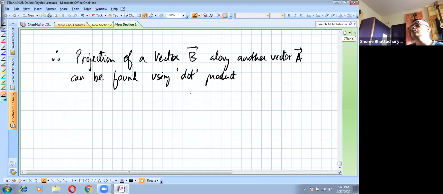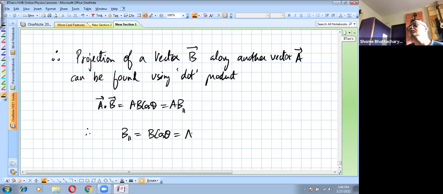So this becomes an application of dot product. You can see that A dot B is equal to AB cos theta, or what we define as A into B's parallel component. Therefore, B's parallel component, which is B cos theta, is nothing but A dot B divided by mod A. This is how we find the parallel component.